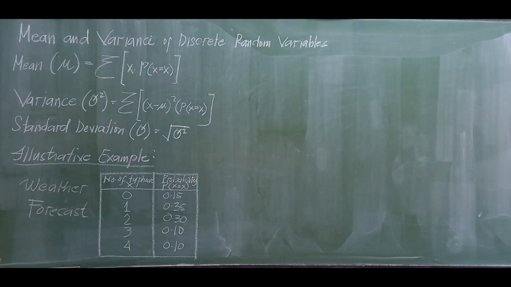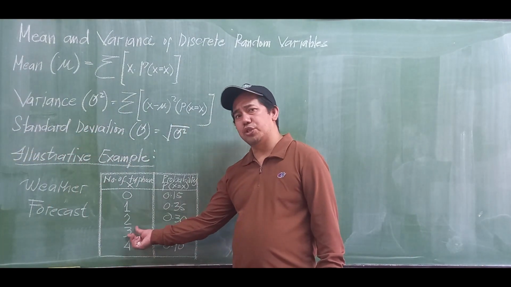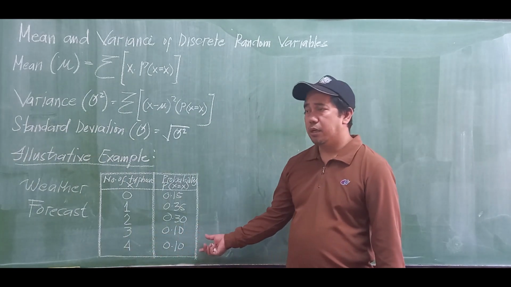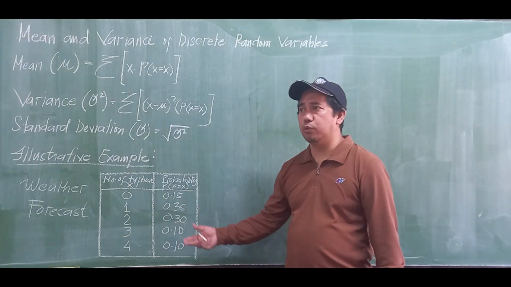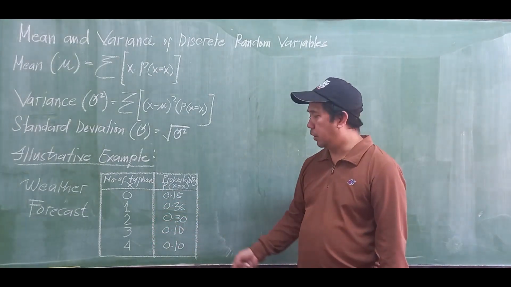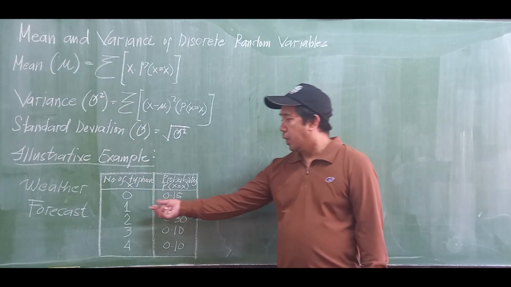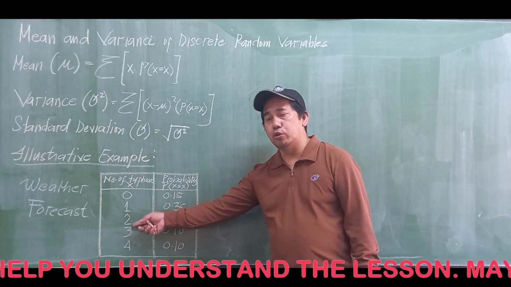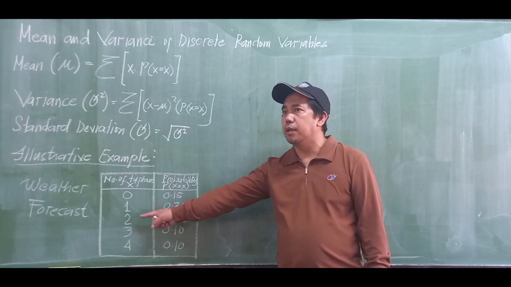Notice that when we are talking of the number of typhoons in a month, 4 typhoons or 3 typhoons in a month is too much already. But this is a reality. This data is gathered from a weather forecast. Only its probability might be lesser, while with 1 and 2 there is a great probability that we really experience that in a month.